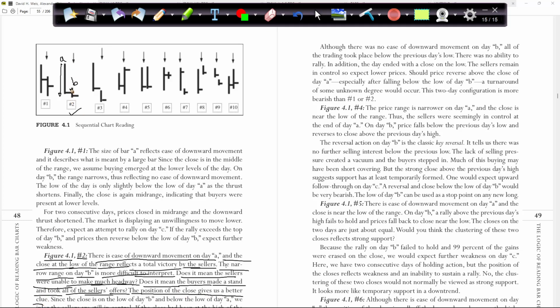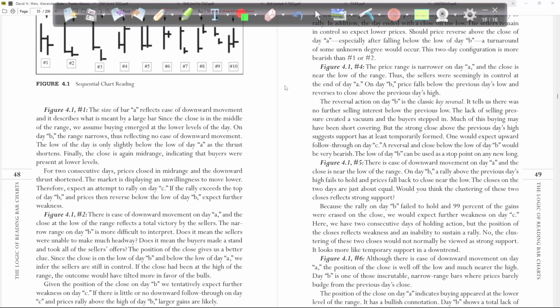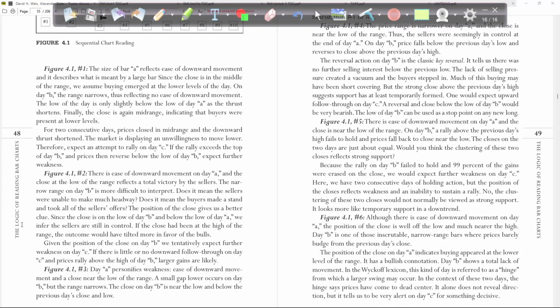So this is close B, this is close A. Since the close is on the low of day B and below the low of day A, we infer the sellers are still in control.